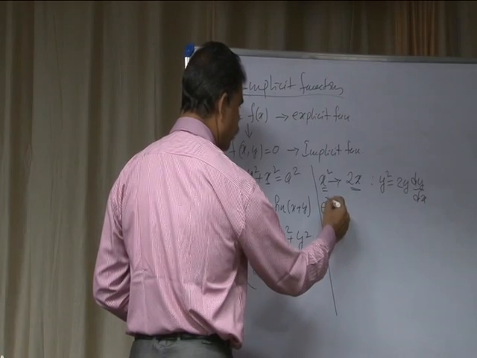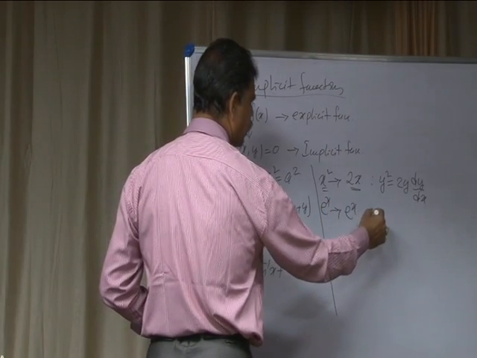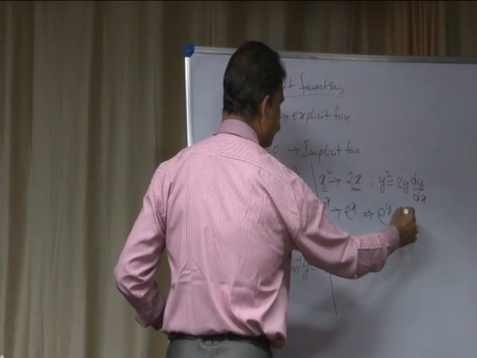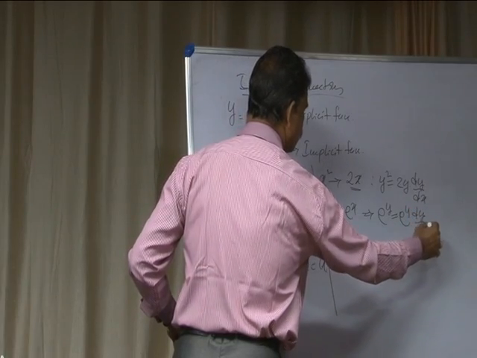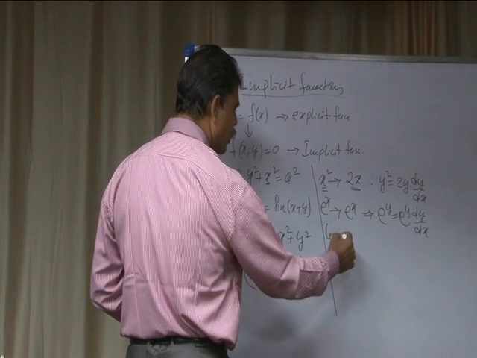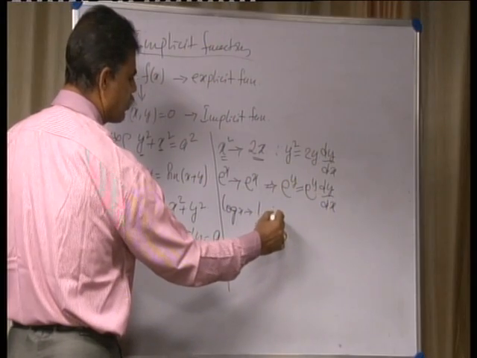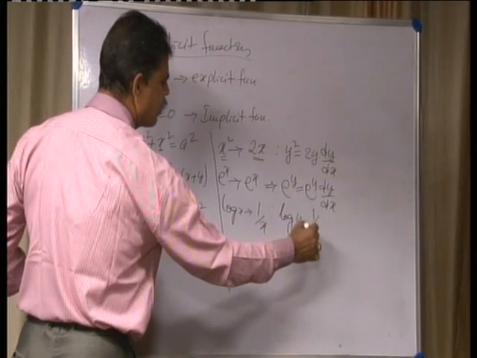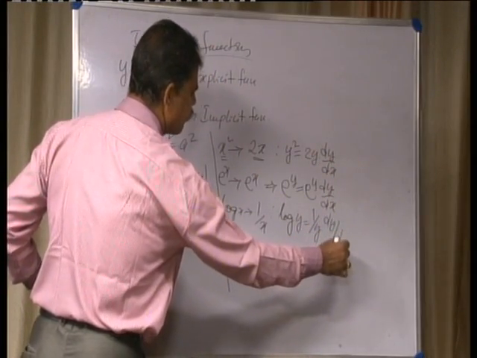If we have e power x, its derivative is e power x only. At the same time for e power y, we take e power y into dy by dx. Differentiation of log x is 1 by x. Similarly, differentiation of log y is 1 by y into dy by dx.